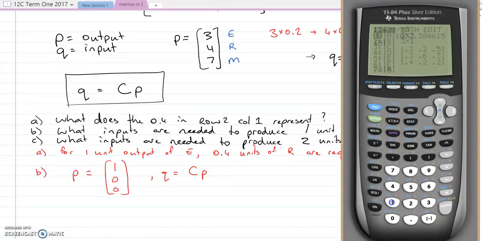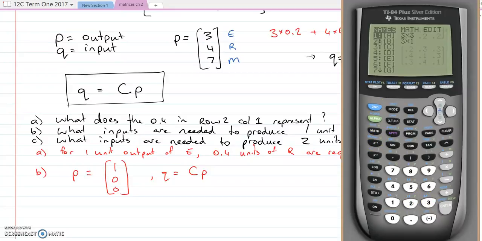So in the graphics calculator, this is my matrix A. Just incidentally, in the last ones we had to have certain columns and rows adding up to 1. That's not necessary here, but it would be strange and probably wouldn't work if any of those numbers were bigger than 1, because you would need more than 1 unit of energy to produce 1 unit of energy, so there's really no point.